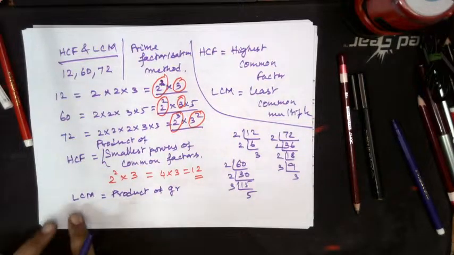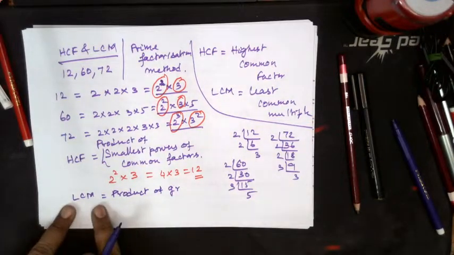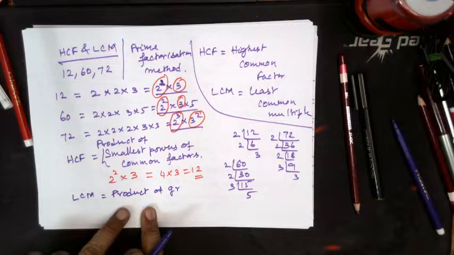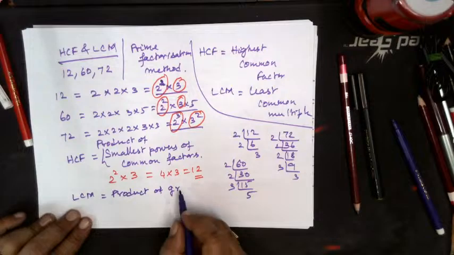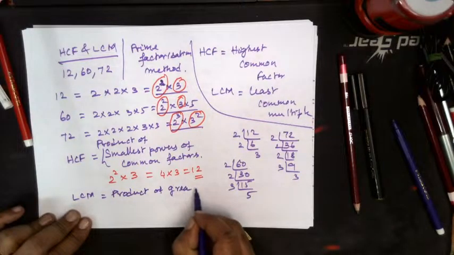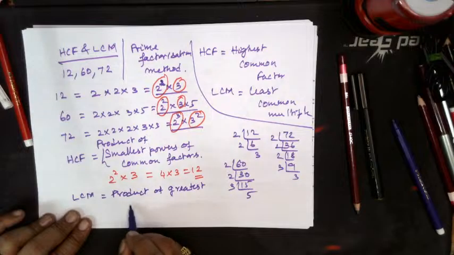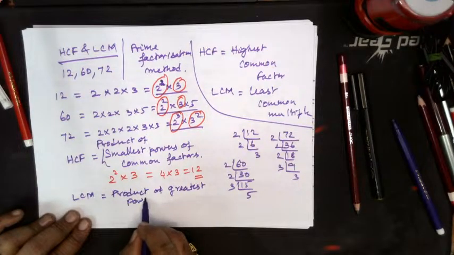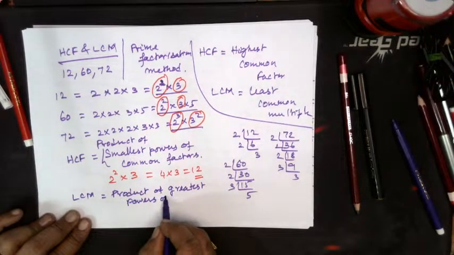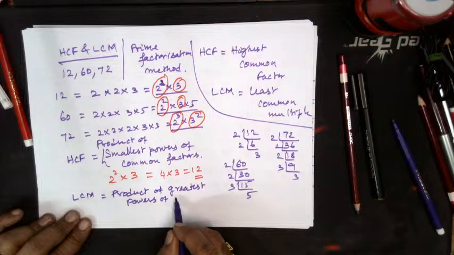If it is the least common multiple, but if it is expressed as the product of prime factors, it should be the product of greatest powers. Do you understand? Greatest powers of prime factors. Prime factors only.